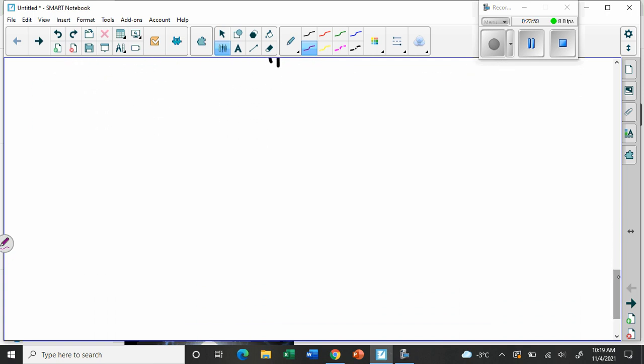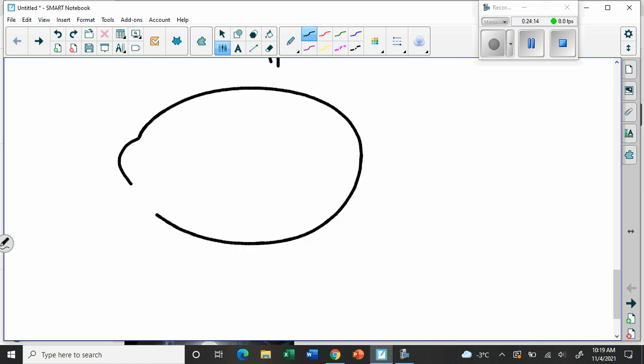Now that we've talked about how we can make light, we should talk about how the eye can see light. So inside your eye, if we take a look at an eyeball, like this, your eyeball has a hole right here.